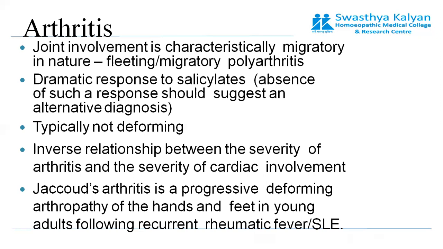Jaccoud's arthritis is a progressive deforming arthropathy of hands and feet in young adults following recurrent rheumatic fever or systemic lupus erythematosus. So we have a term used, that is Jaccoud's arthritis, for arthritis developing after acute rheumatic fever.